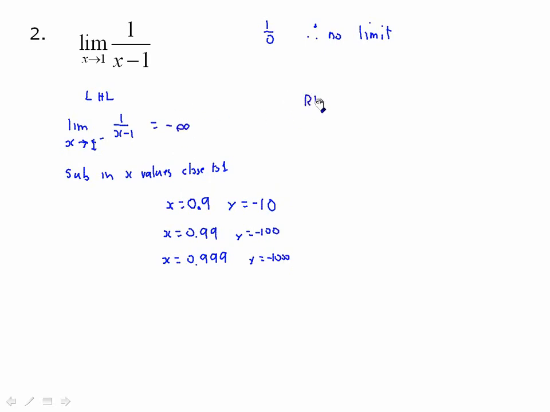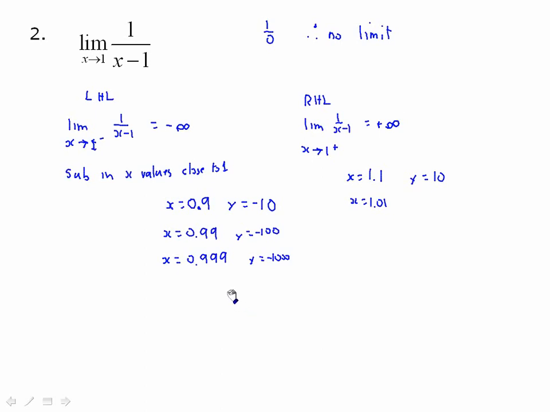And then you do the same thing with the right-hand limit. So this is the limit of 1 over x minus 1 as x approaches 1 from the right side. So you would be trying in values like x is equal to 1.1, and then x is equal to 1.01, etc. And then you're going to see y is equal to 10, etc. And what's going to happen is that as you approach that value of 1 from the right side, the y values are going to go up and up and up.